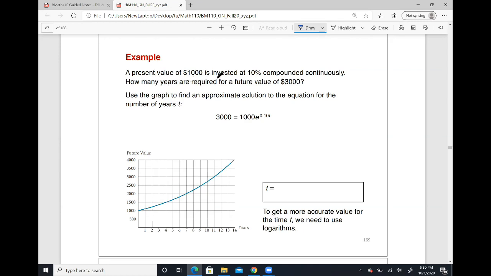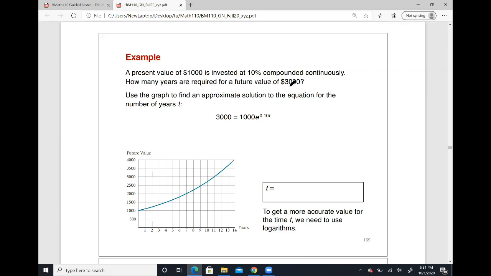The problem is the present value of 1,000 invested at 10% compounded continuously, and how many years are required for a future value of 3,000. Use the graph to find an approximate solution to the equation for the number of years t.